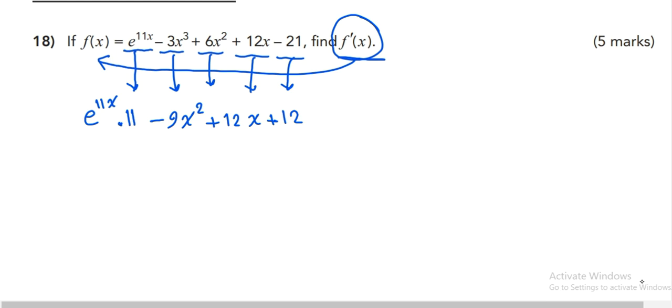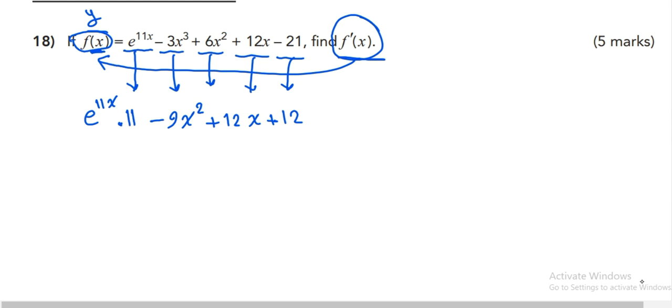The variable here in this expression is x. Any term without x or y, here f of x is equal to y. F of x can be written as y. So any term without the variable x or y, its differentiation equals 0.